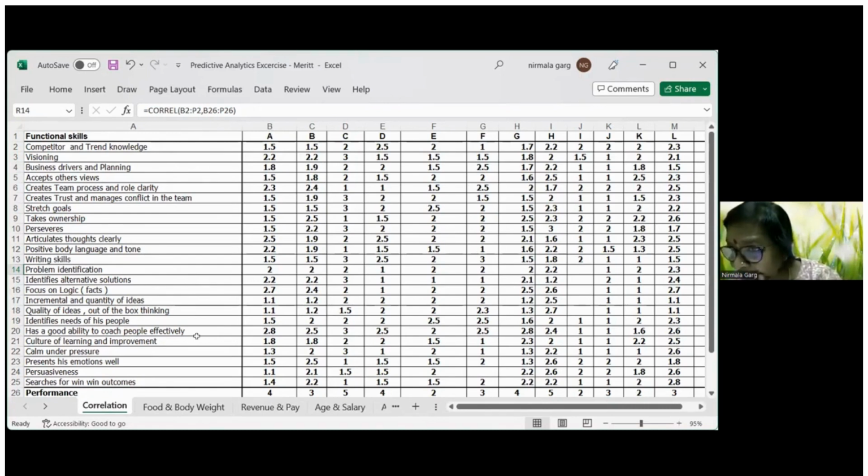Are you with me? Now, say for example, I as the training manager want to know which are those key 1 or 2 or 3 functional skills where, if I do training, the performance of these employees will improve.